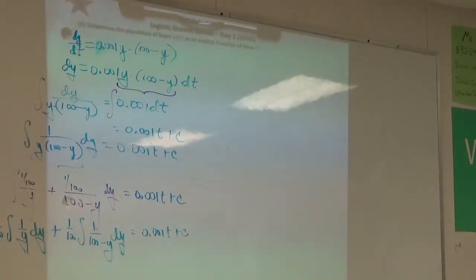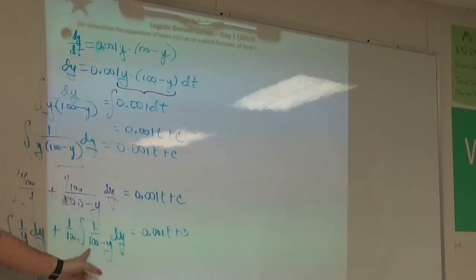There's a little bit of hand waving over here, but it's hopefully okay. Integral of 1 over y dy, you guys know? Natural log of, this has to be, not natural log of y though, natural log of the absolute value of y.